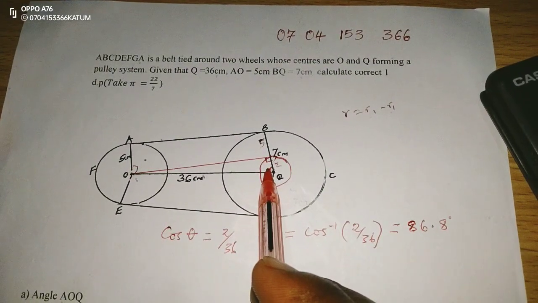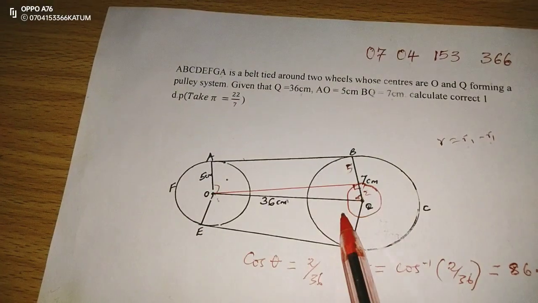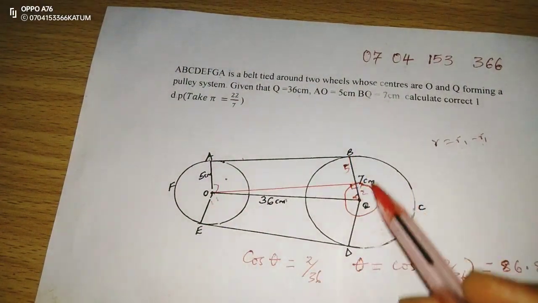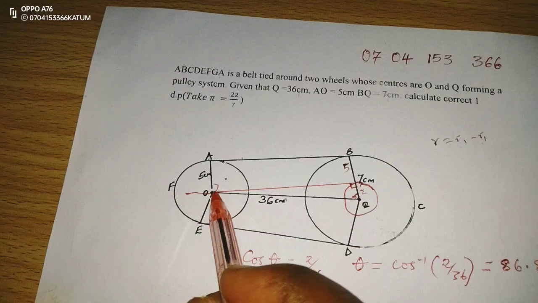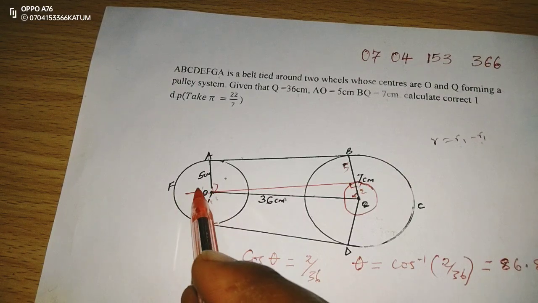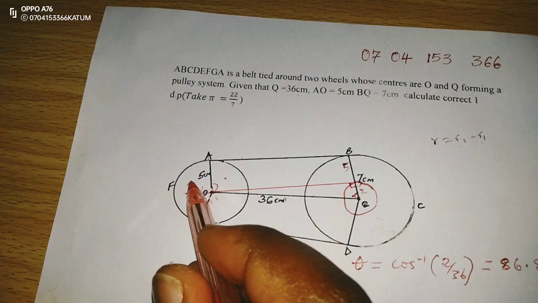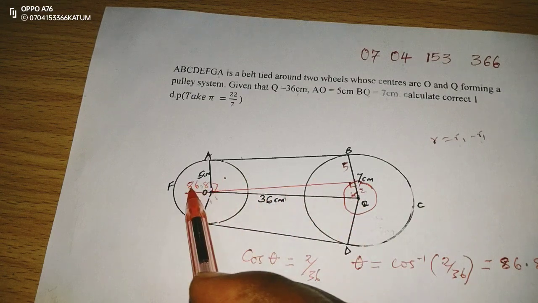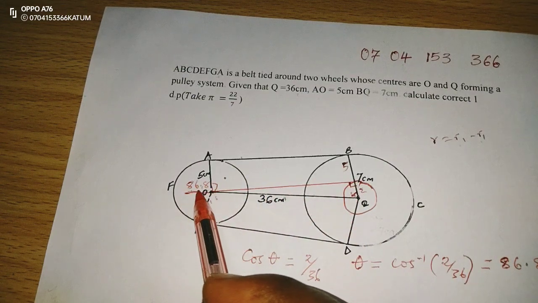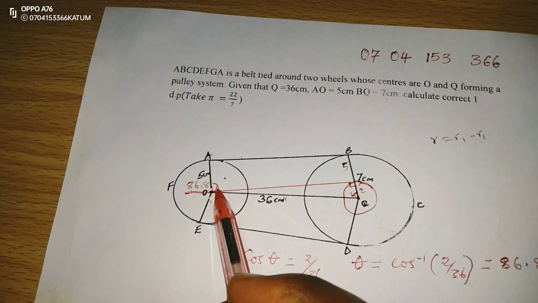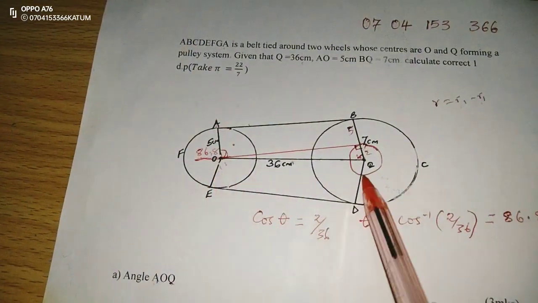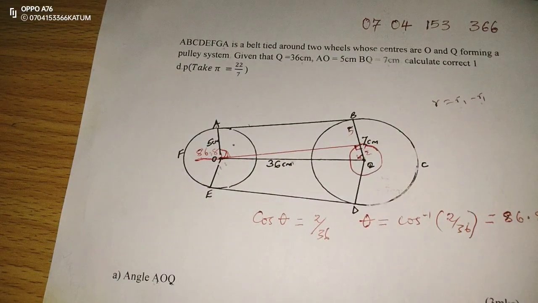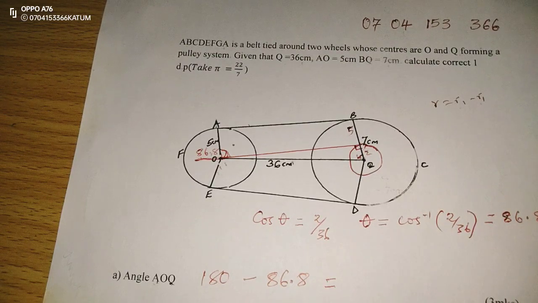If this is the angle here, and AO is parallel to BQ, then the angle on this side is also 86.8. So we have 86.8 and 86.8, and along the straight line, to get the angle AOQ we need 180 minus 86.8, remembering it should be to one decimal place.